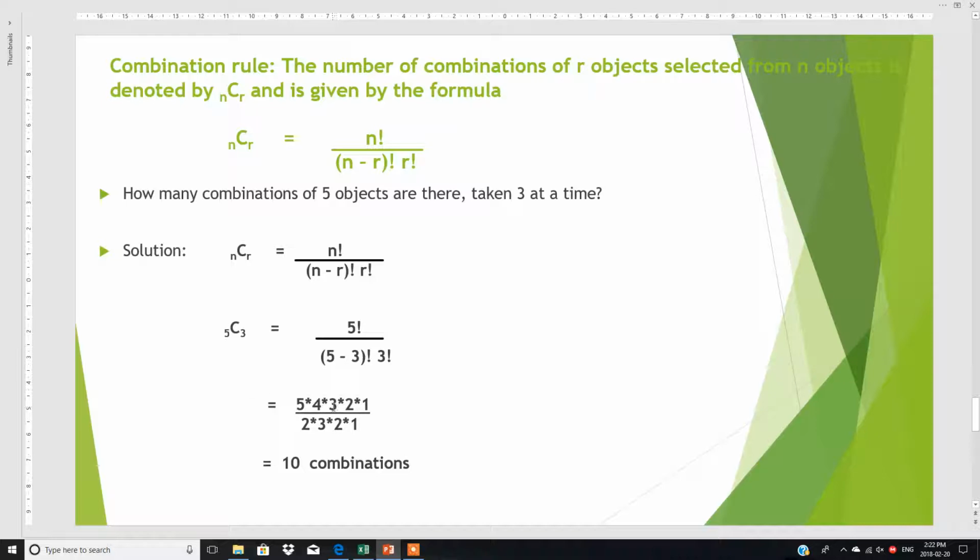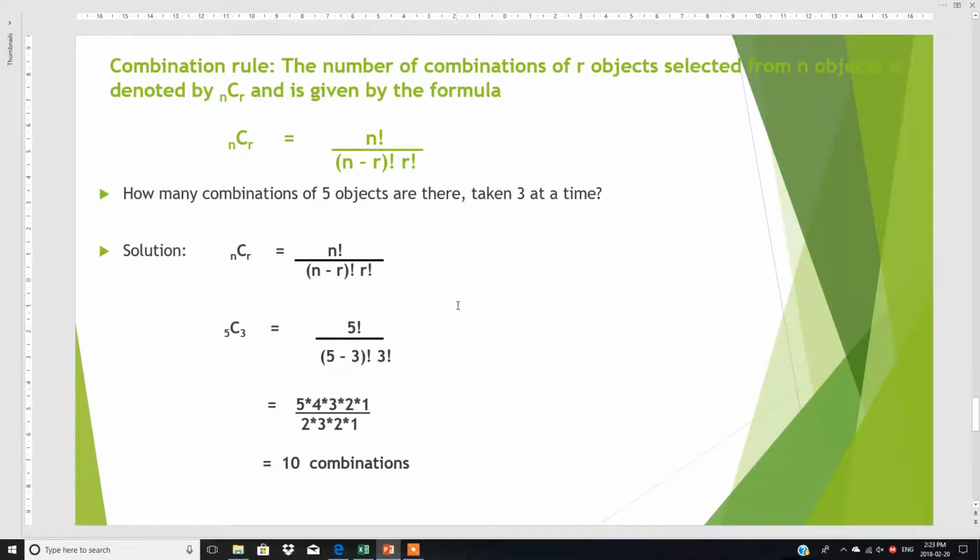When we simplify, 3 2 1 in the numerator and 3 2 1 in the denominator cancel each other out. Remaining is 5 times 4, 20, divided by 2 times 1, 2, so 2 tens, 10. So there are 10 combinations. If you simplify this, you will get 10 combinations. So in combinations, order is not required.